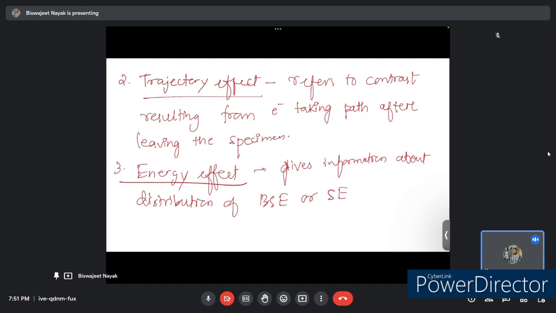And the secondary electrons, which are low energy electrons, escape from the shallow region and give the surface information. So we may say in this energy effect, the backscattered electrons give atomic number information or crystallographic information, and the secondary electrons give surface information.